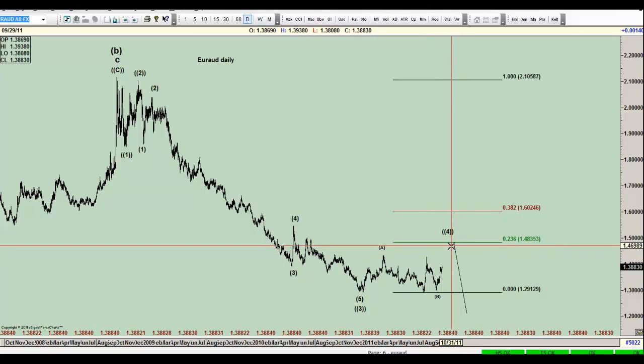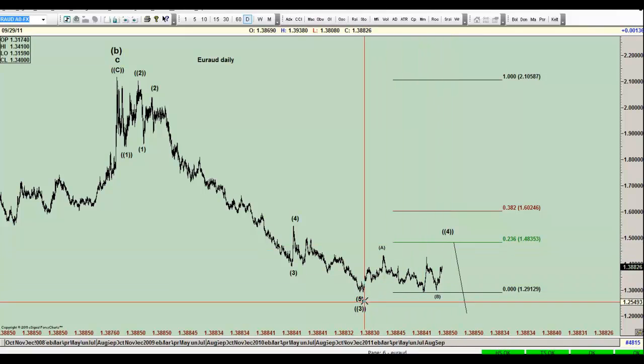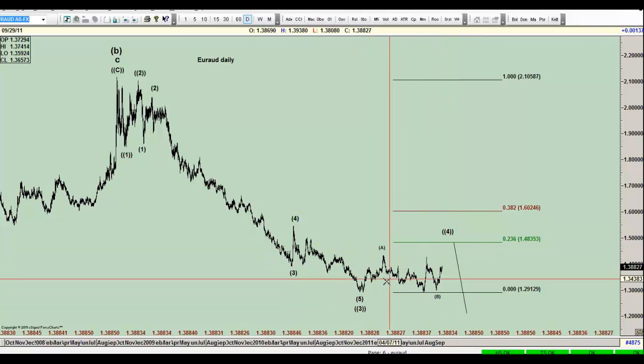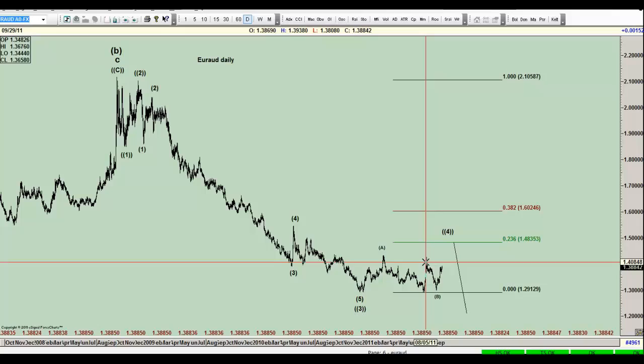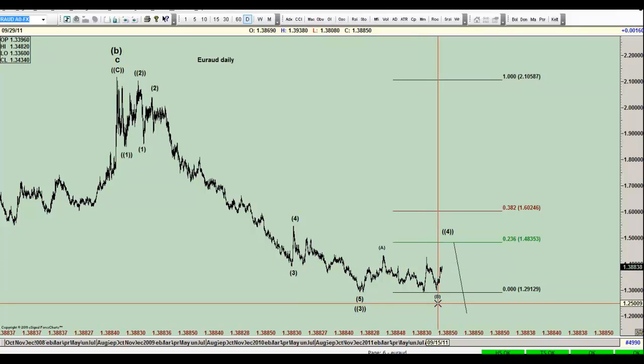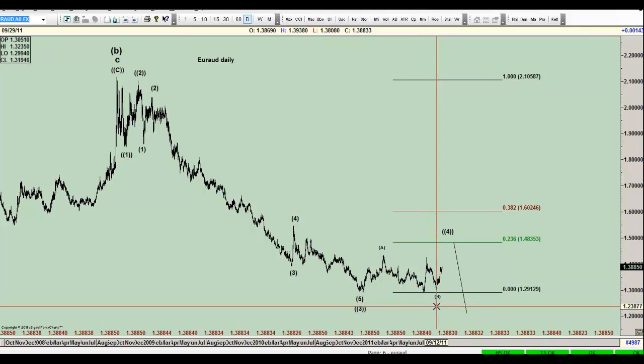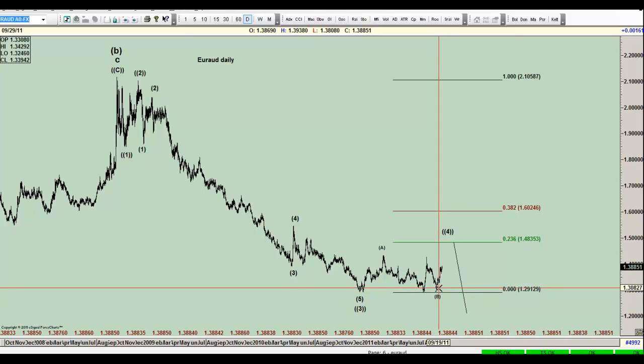That area comes around the 144, 148.35. From there, so how do we see this? Very simple. A, and then a flat B wave. A, B, Z. A, B, C, and then from there we're gonna see a move higher in the euro.